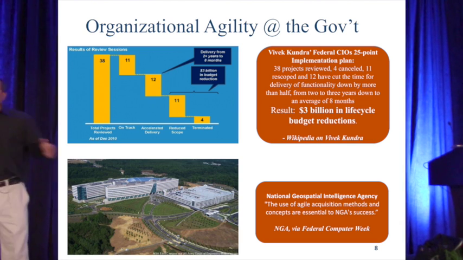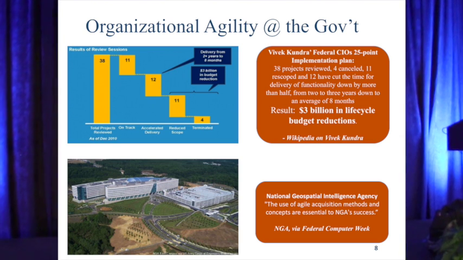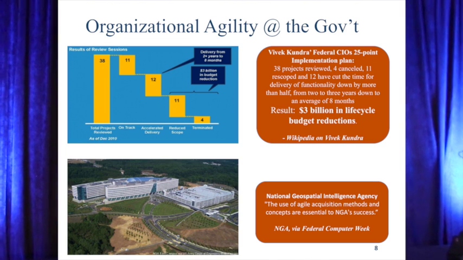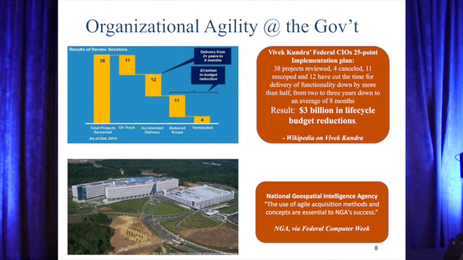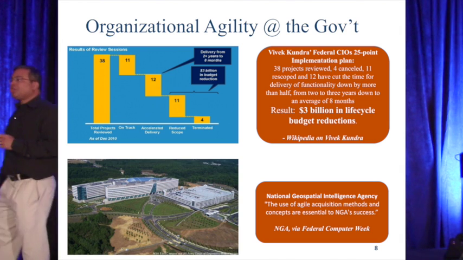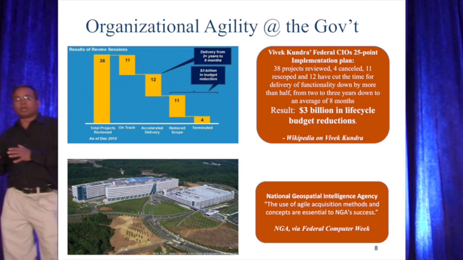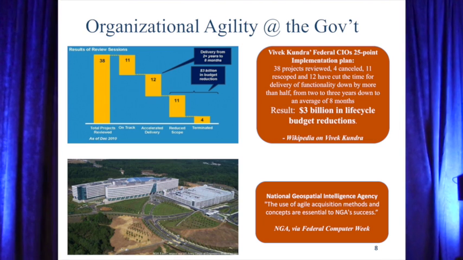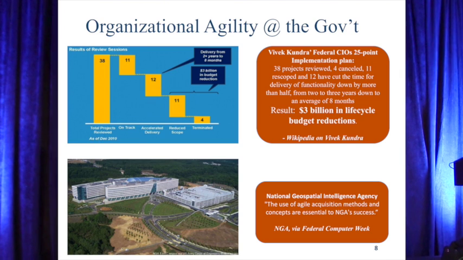Closer to home, more recent time, there is one of the government agencies that we've been working with recently. This is the National Geospatial Agency, or NGA, National Geospatial Intelligence Agency to be precise. You see a picture of it at the bottom left over there. And the NGA has been implementing Agile methods across their entire organization, not just IT, with the goal of what they call agency agility.